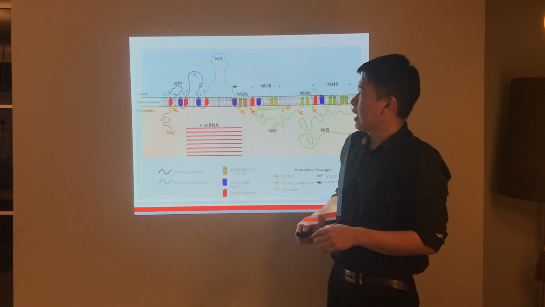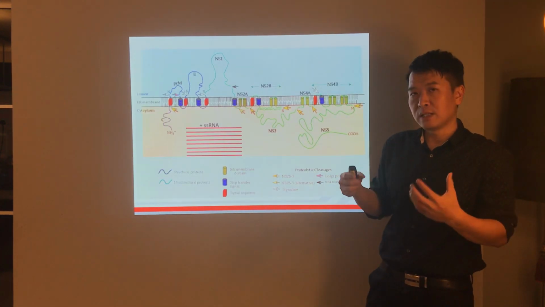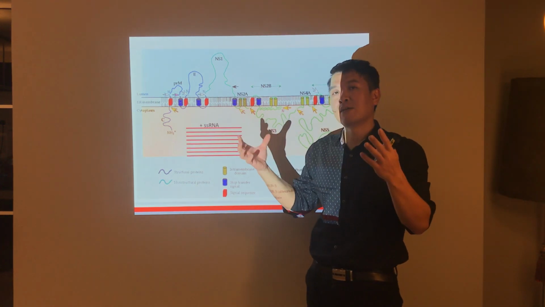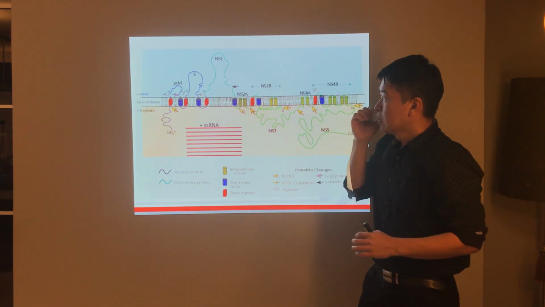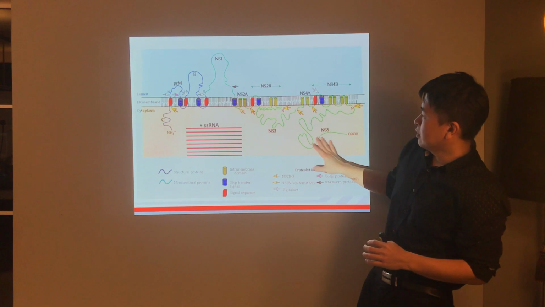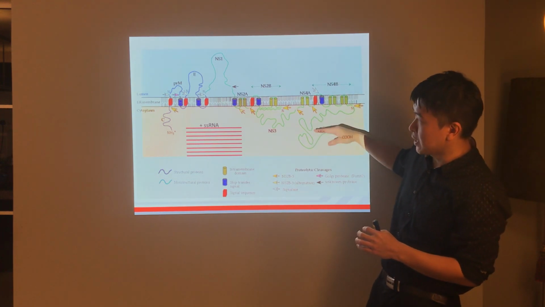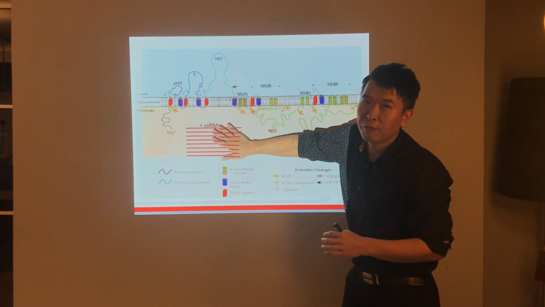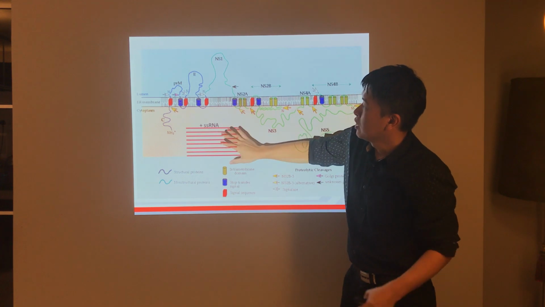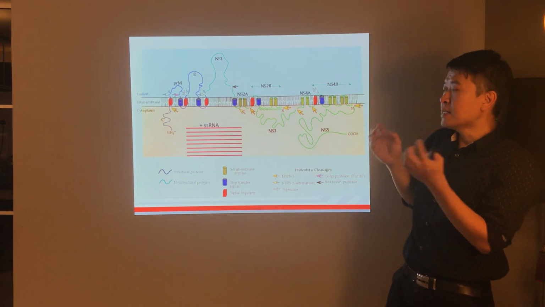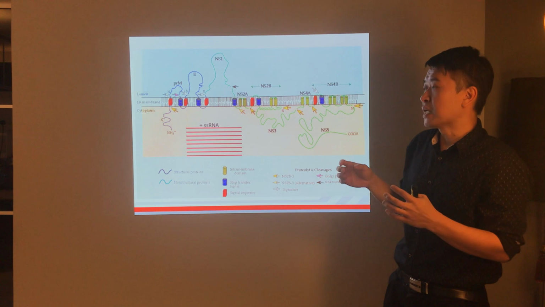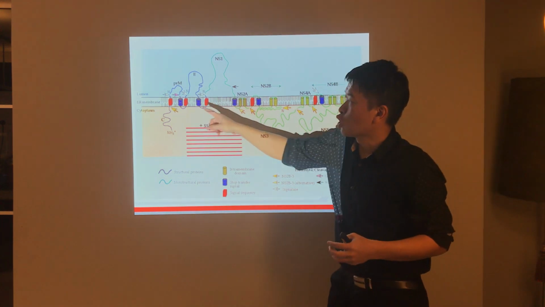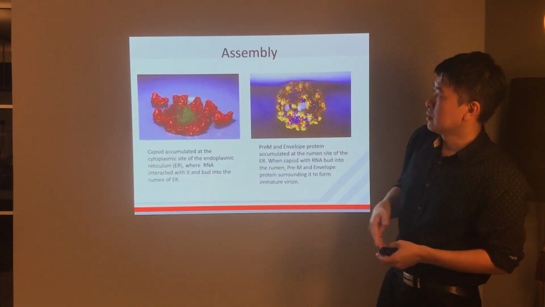Let's look at the second one. How does the virus assemble? I mentioned that the polymerase is at the cytoplasmic side, so you produce a lot of positive-strand RNA. Now, assembly of the virus begins with the capsid.